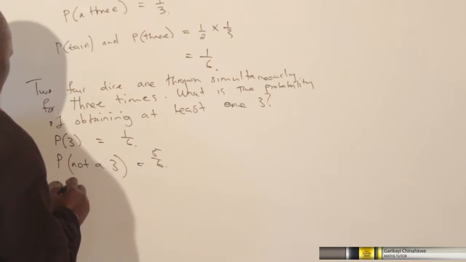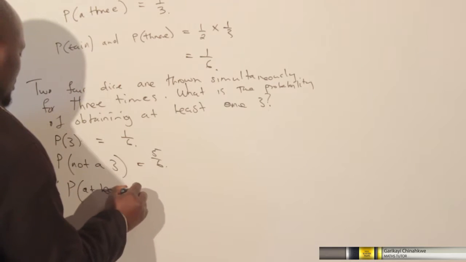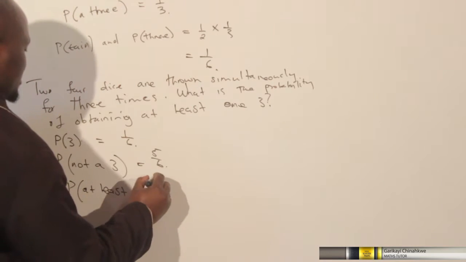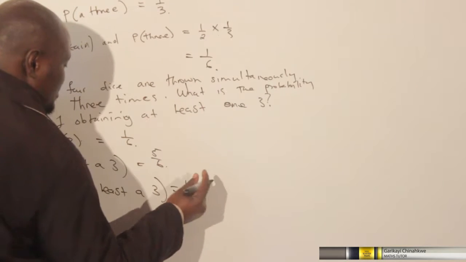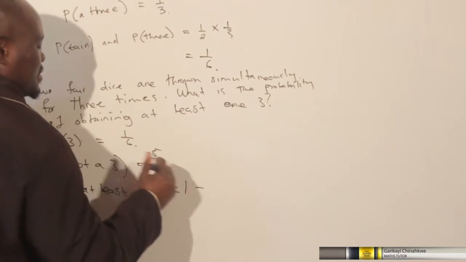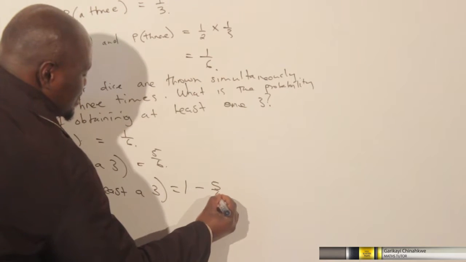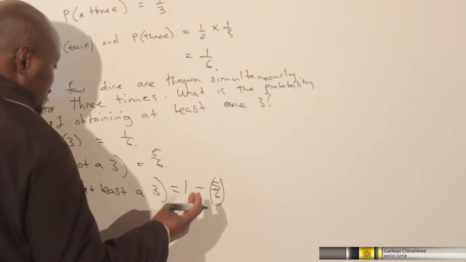So the probability of getting at least a 3 is 1 minus the probability of obtaining not a 3, which is 5 over 6. But for how many throws?